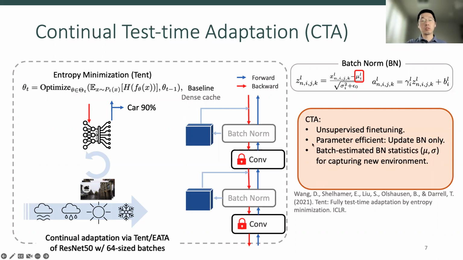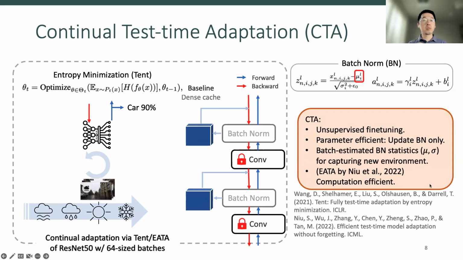So these are the two key strategies: only update the normalization layers in terms of affine parameters, and update the statistics in order to capture the distributional shift. Also, most recently in 2020 ICML, one paper proposed to improve the sample efficiency, such that fewer samples will be back-propagated and the computational complexity could be reduced significantly.